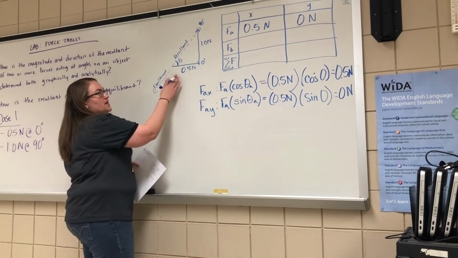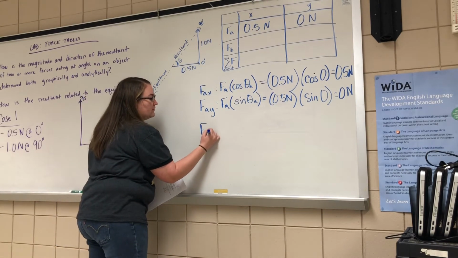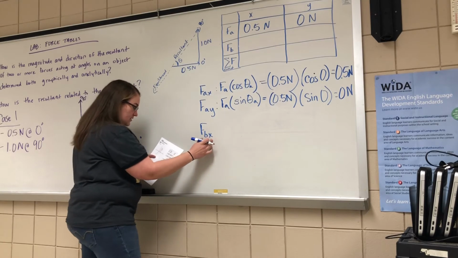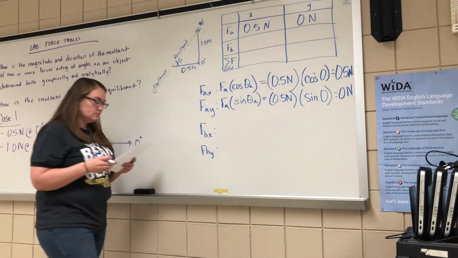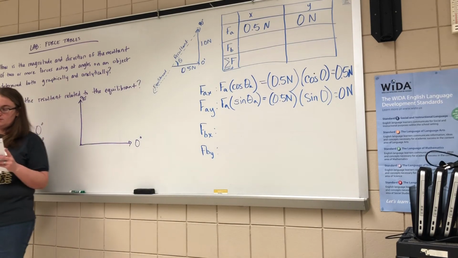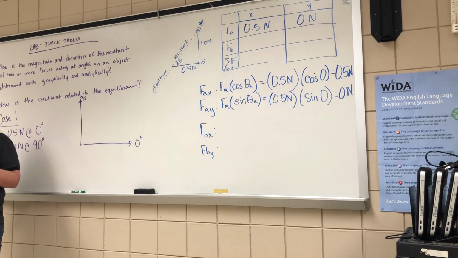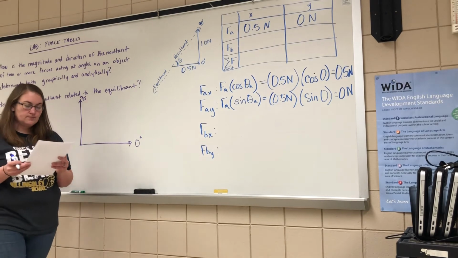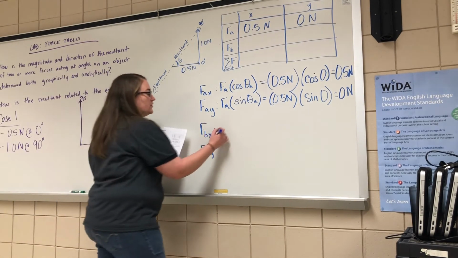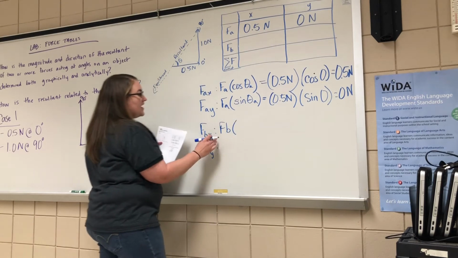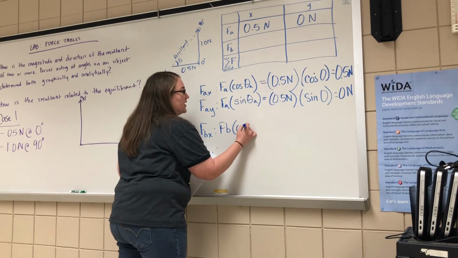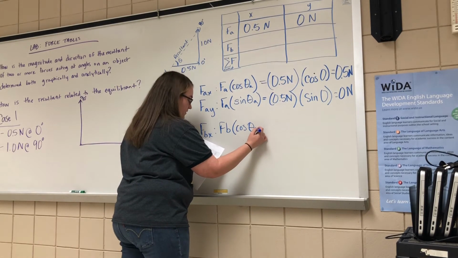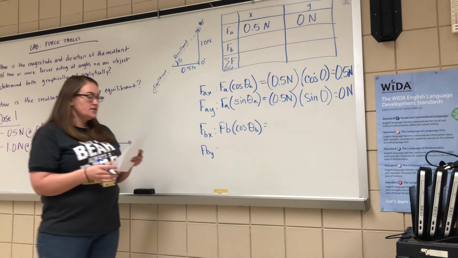All right, so let's look at B real quick. We've got FB with the X component, and then we're going to do FB with the Y component. So with the X, we're going to use cosine. So we're going to do cosine of theta B. What is our degree in B?